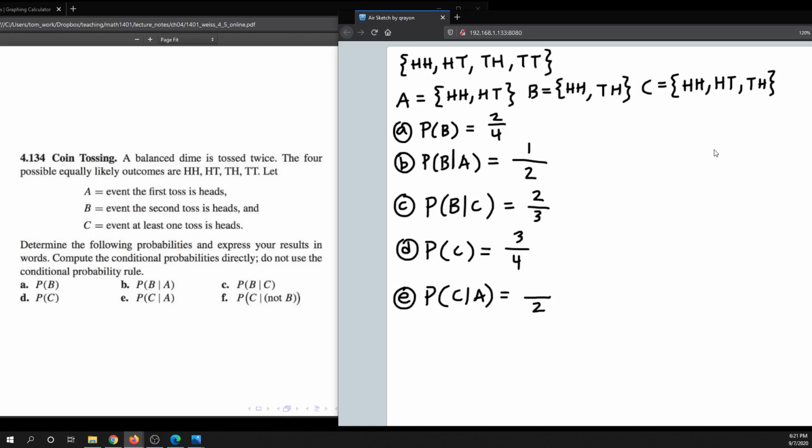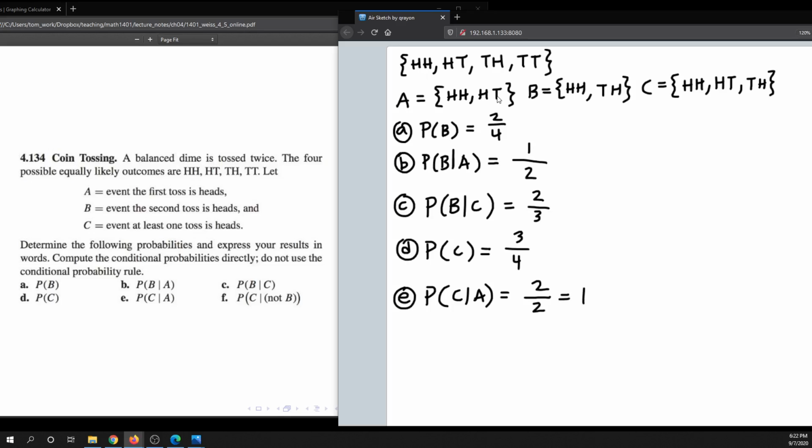And then what we would do is go to C, and we would count up the number of outcomes in C that are also in A. So heads, heads, is that in A? Sure is. Heads, tails, is that in A? Sure is. Tails, heads, is that in A? No. So there are two outcomes in C that are also in A. All right, so I get 2 over 2, which is 1.